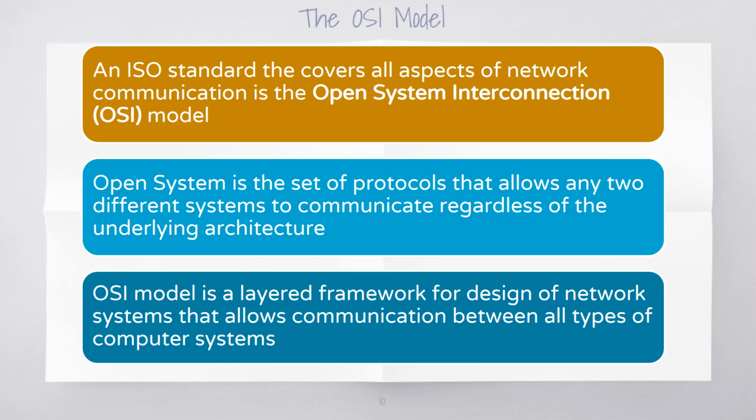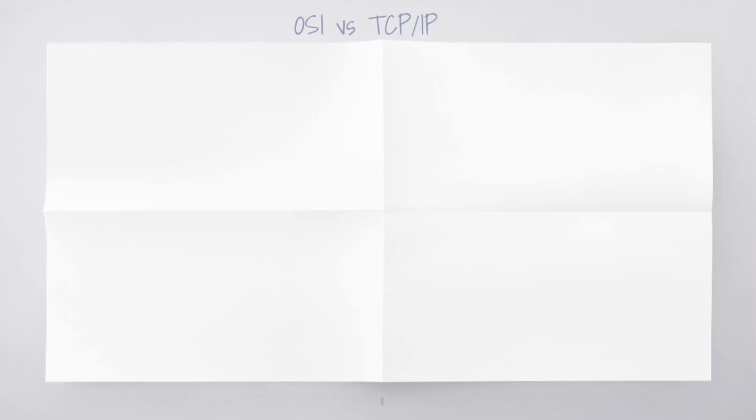Once again, the OSI model is a layered framework used for the design of network systems, which allows communication between all types of computer systems. The OSI model comprises 7 layers.